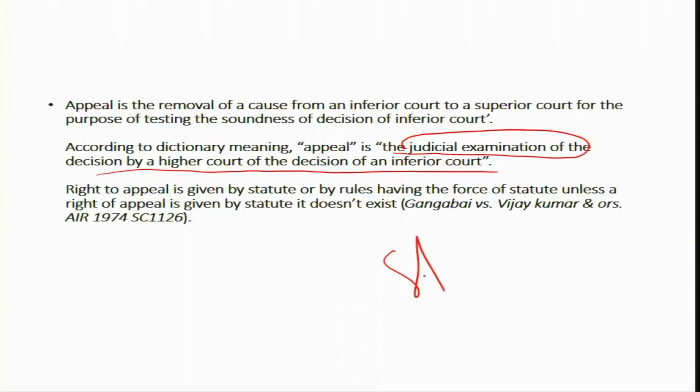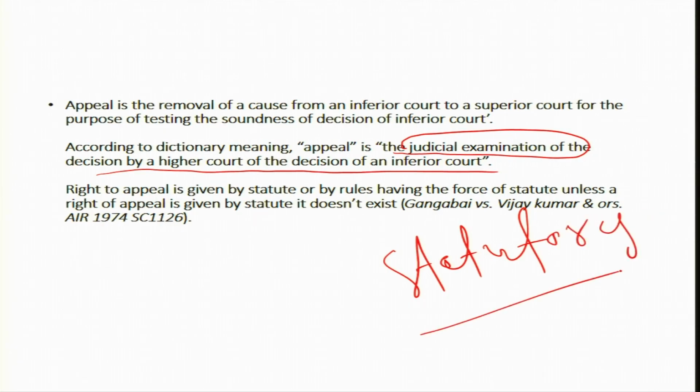If you have any sort of grievance, any sort of problem, if you feel your legal right has been violated, you are the aggrieved one, then even for a small amount you can approach the court and file a civil suit. But so far as appeal is concerned, this is a statutory right, unless and until the statute provides this right.